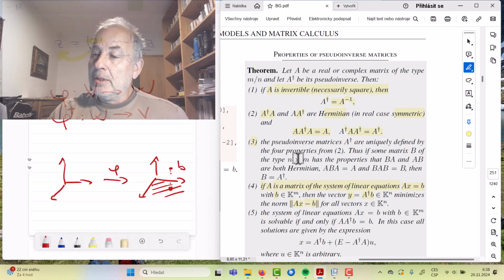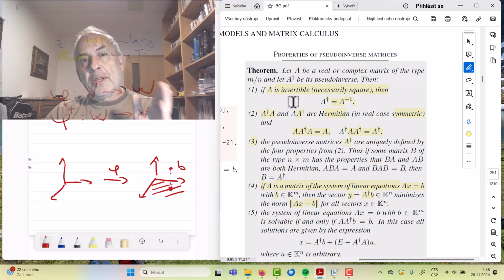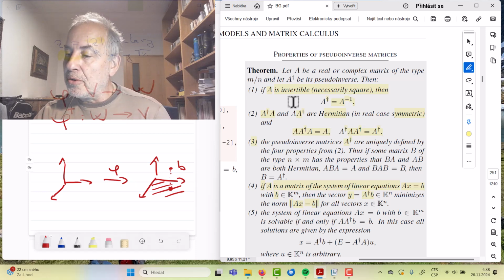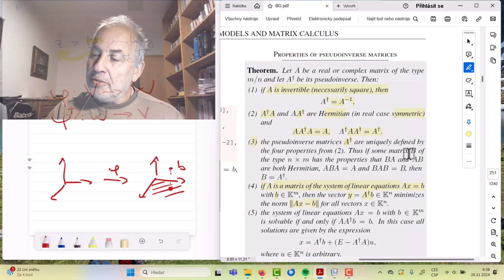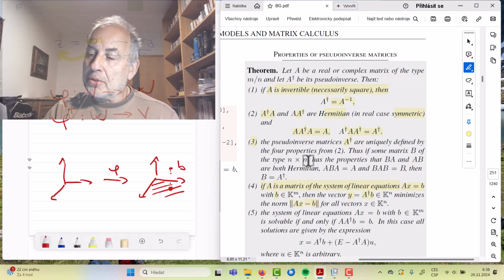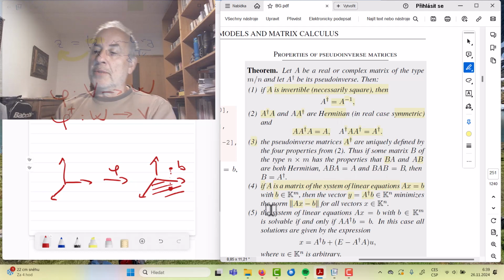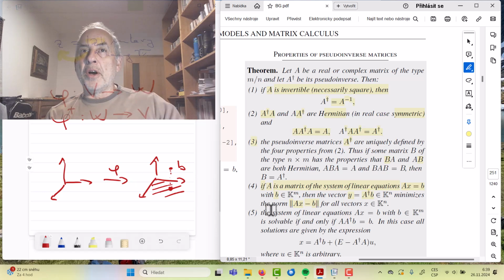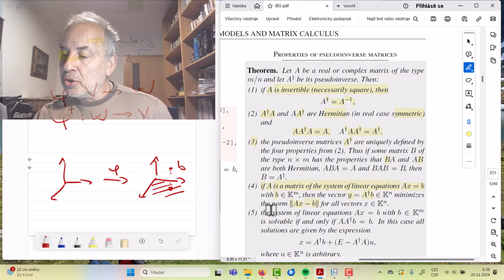And then the 3 says that actually these two properties uniquely pin down the concept of the pseudo-inverses, right? So it means that if you find some matrix of the right type, which has the properties that the products BA and AB are both Hermitian, and the second property also holds true, then you already know that it must be the pseudo-inverse we have defined via the singular decomposition.